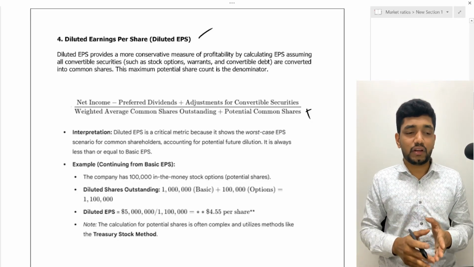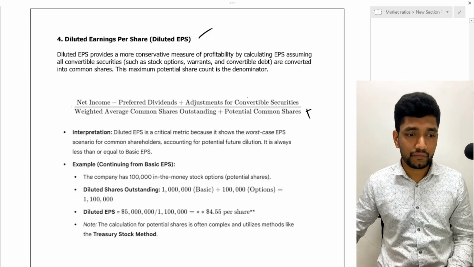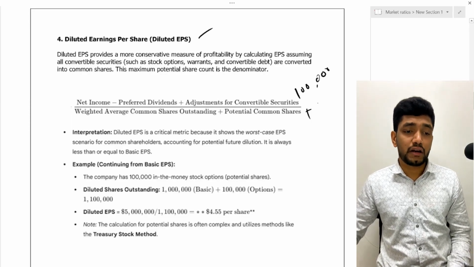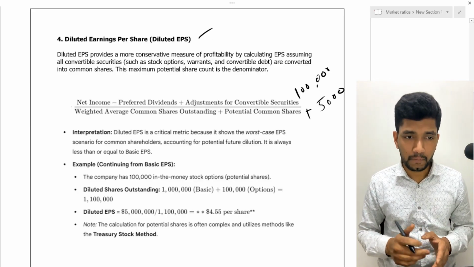Suppose there is a company that has outstanding shares of 100,000, just assume, and the same company has a dilutable preferred stock of 5,000.